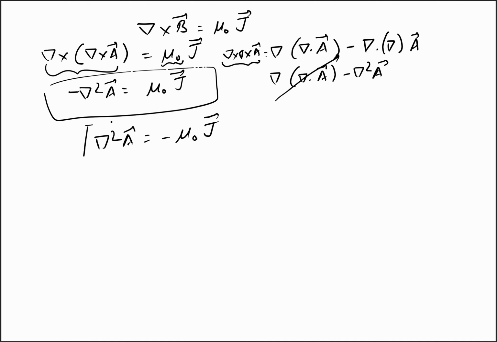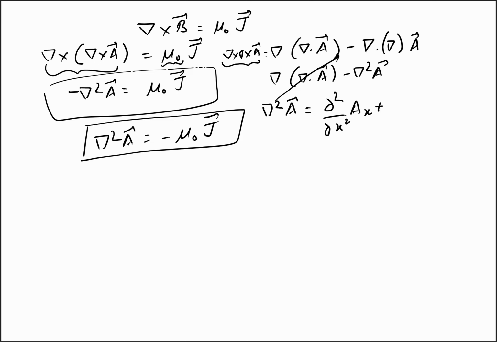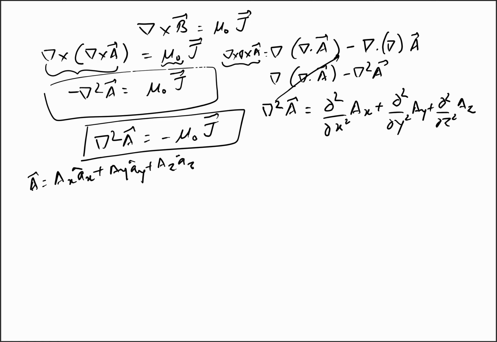Now in Cartesian coordinate form, del square A can be simply written as dou square by dou x square Ax plus dou square by dou y square Ay plus dou square by dou z square Az, where A is simply in component form written as Ax plus Ay plus Az.